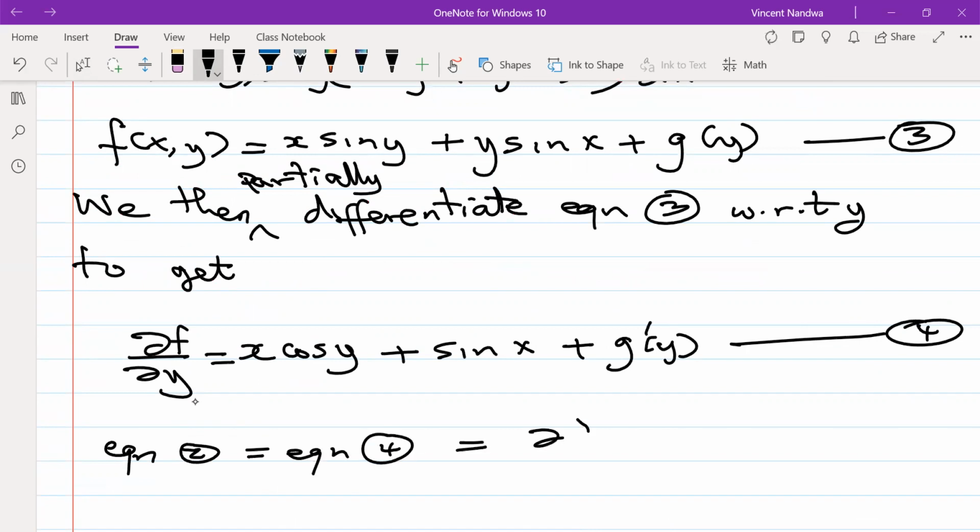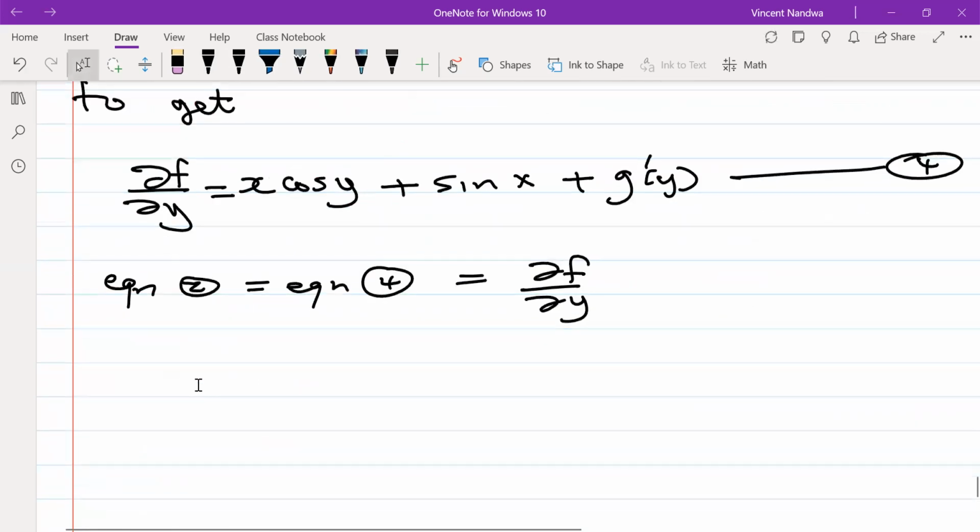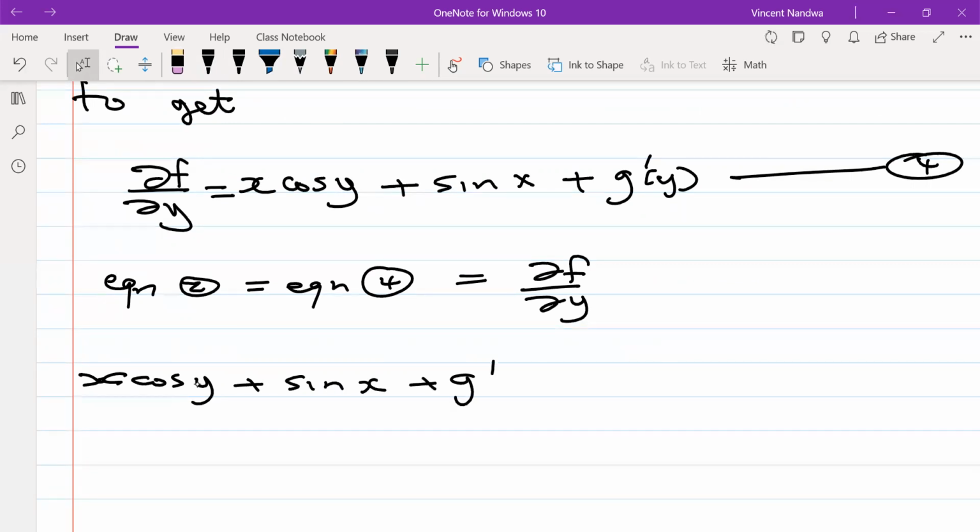Both of them define partial f partial y, so we can always equate them. Which means x cosine of y plus sine of x plus g prime of y is the same as equation 2, which is sine of x plus x cosine of y.